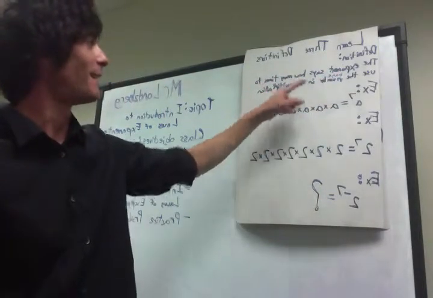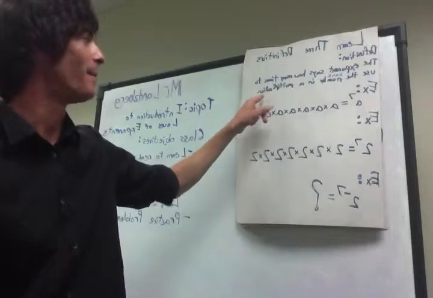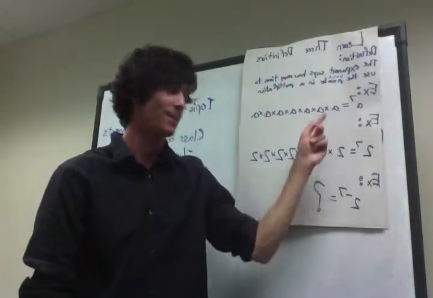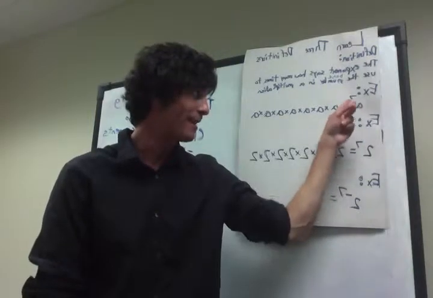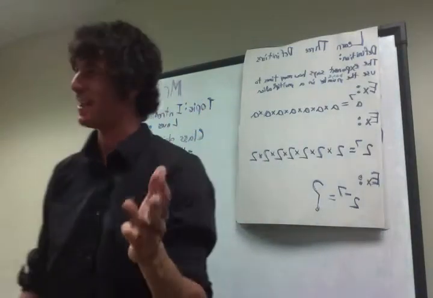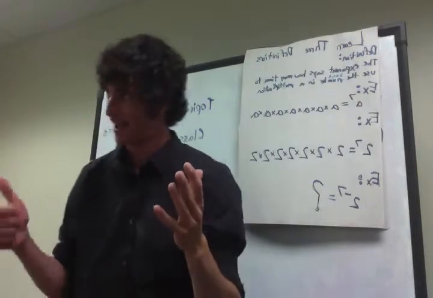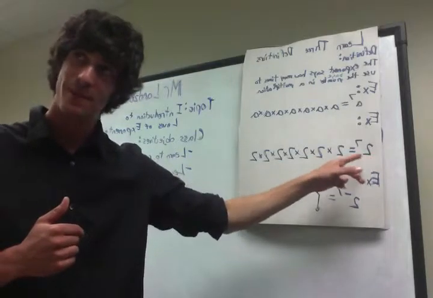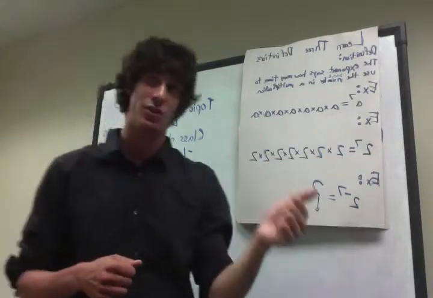So a is the base, 7 is the exponent. A to the power of 7 equals a times a times a times a times a times a times a. Another example, 2 to the power of 7 equals 2 times 2 times 2 times 2 times 2 times 2 times 2.